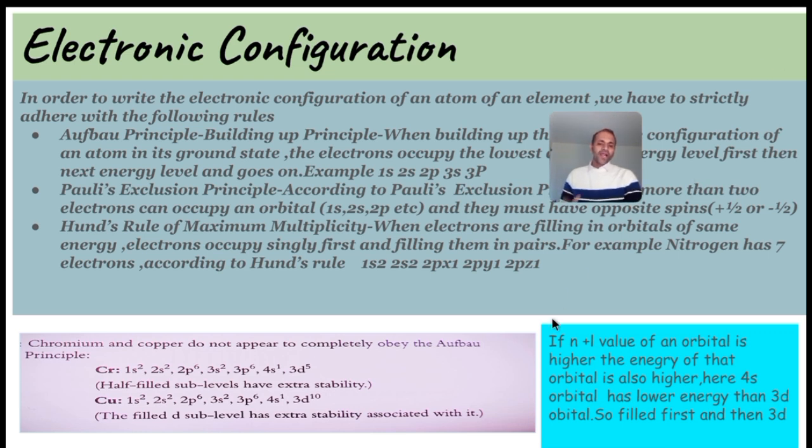And there's another explanation, a beautiful explanation, based on the n plus l value. According to our building-up principle, the Aufbau principle, electrons are filled into the lowest energy level first, and that is based on the n plus l value. n is a quantum number and l is another quantum number; we will go into that another time. n is the principal quantum number and l is the azimuthal quantum number.